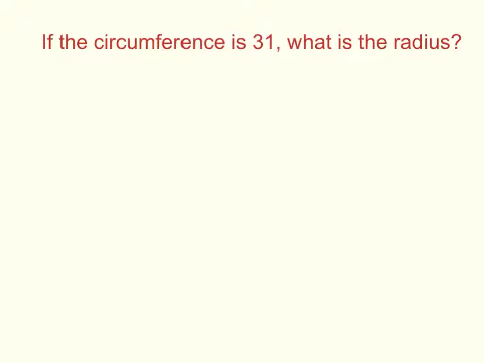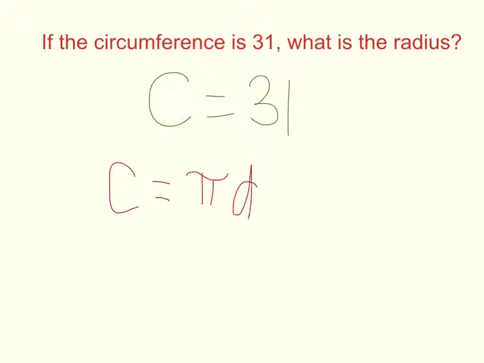Here's our last example. If the circumference is 31, then what's the diameter? We know that the formula for circumference is C equals pi d. In this case, the circumference is 31, so 31 equals pi d.